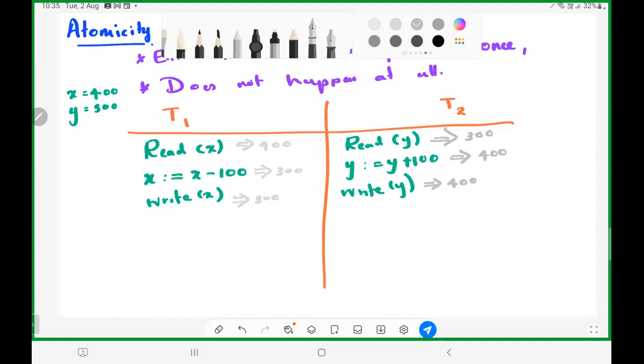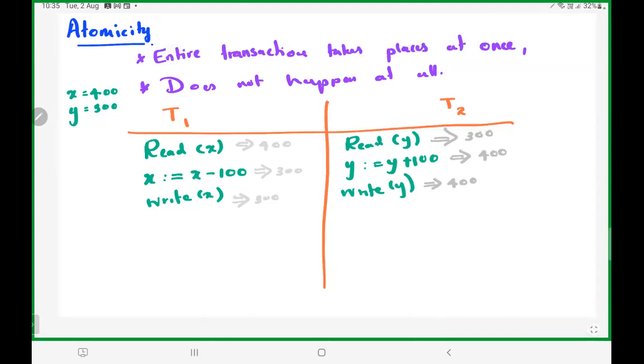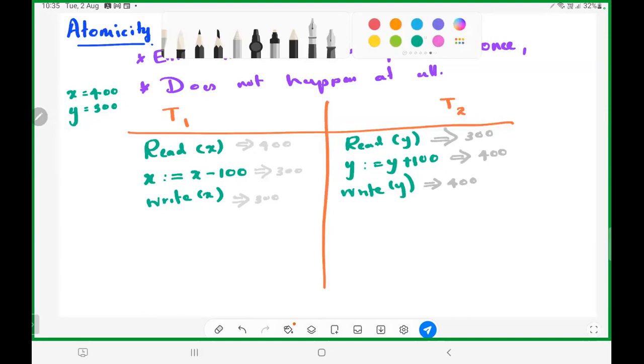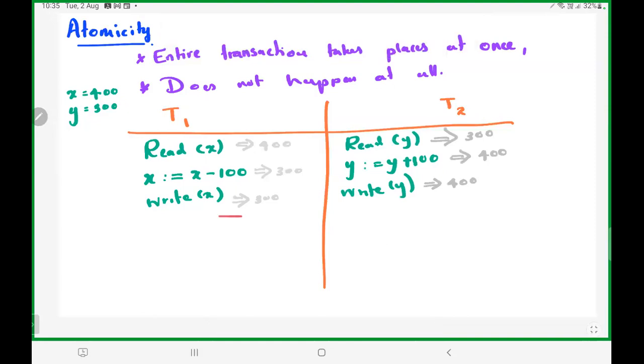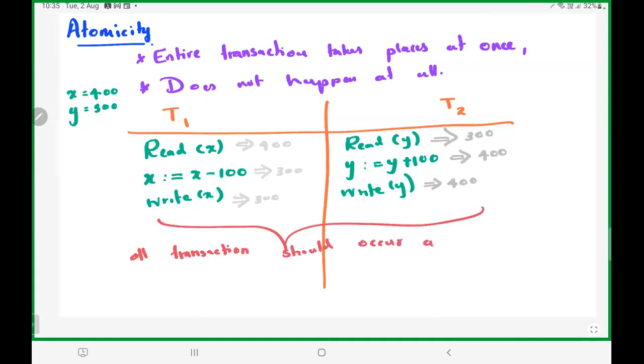In atomicity, all transactions should occur at once. එකපාර වෙනවා. Right?